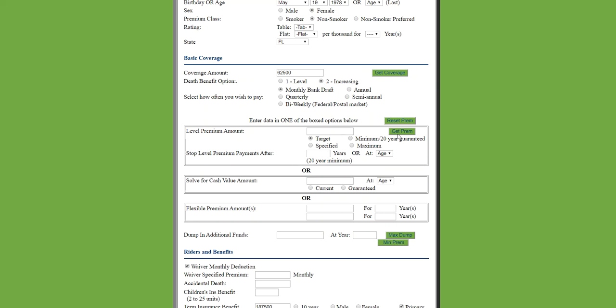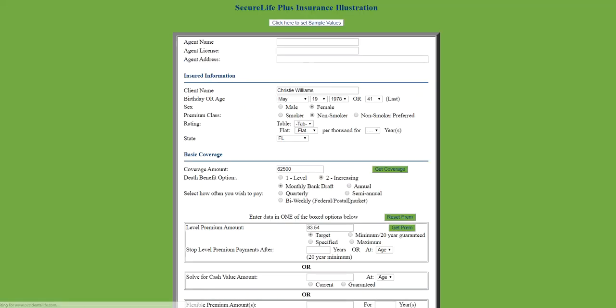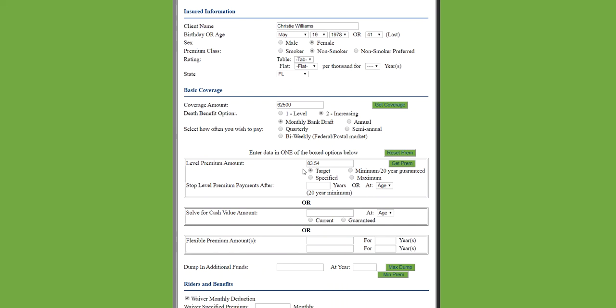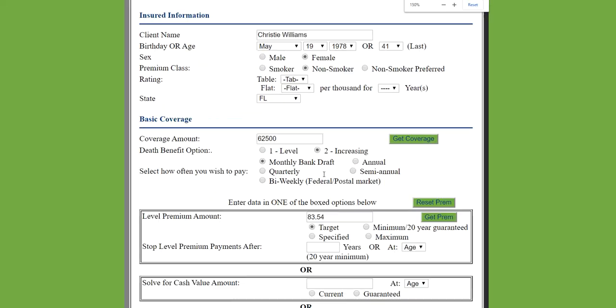Now we're going to get the premium, and as we can see, we have a target premium of 83.54. So that's already a good price.